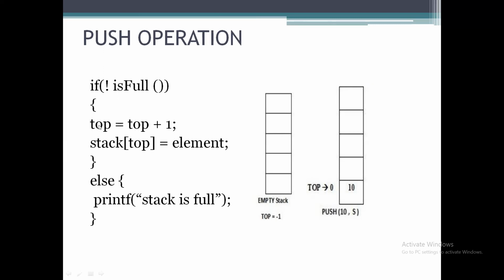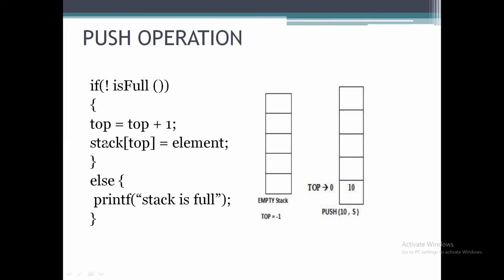The first thing before doing a push is to increment my top value by 1. So -1 will be incremented by 1 and becomes 0. At index 0, my top pointer will be pointing. This statement says top = top + 1. I'm incrementing -1 to 0.